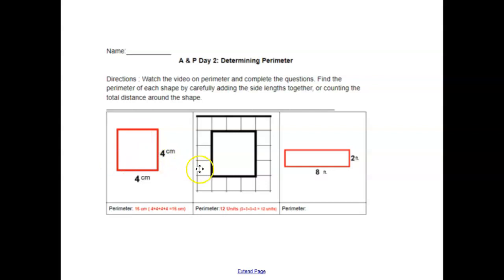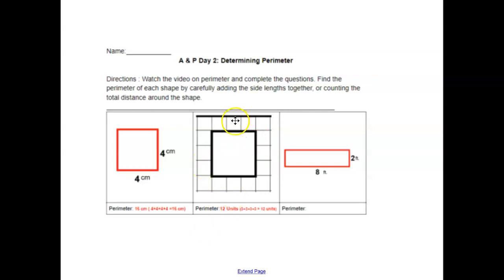For this one, it was very similar, but you'll notice that none of the side lengths were provided, but the square units are visible, so I can just very carefully count them. So I know that this side length is 3, and since this shape is a square, all of the remaining side lengths are also 3.